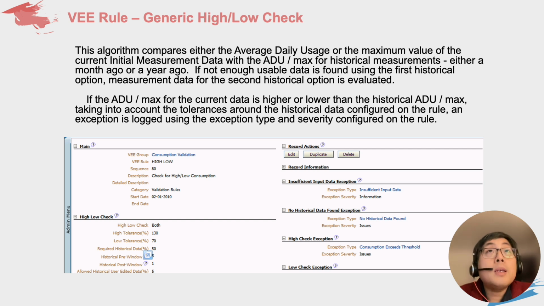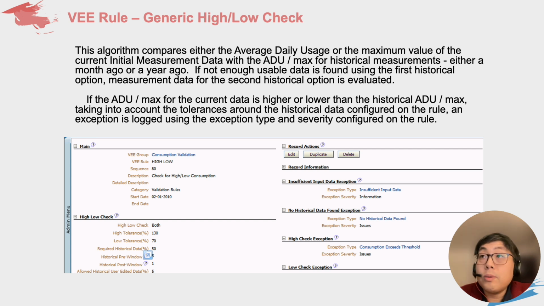The first one is the generic high-low check. This algorithm compares the average daily usage or the max value of the current initial measurement data with the ADU. ADU is a concept in a few of these rules. What ADU actually means is the average daily usage.